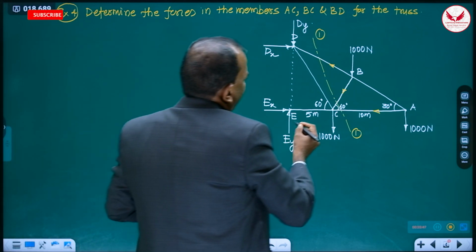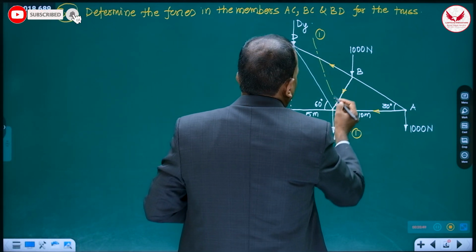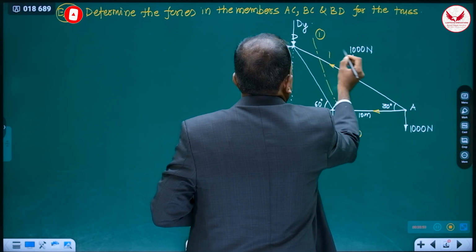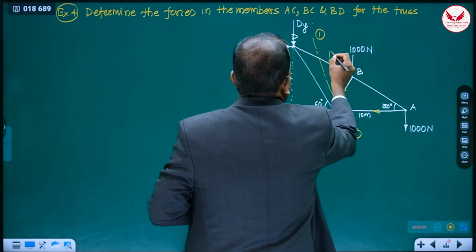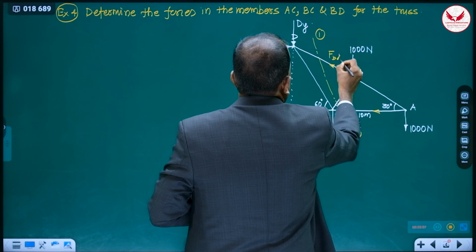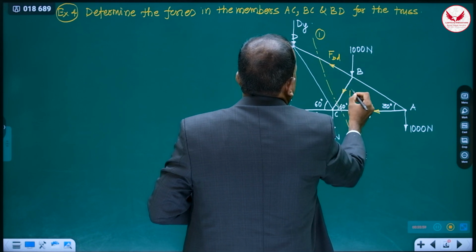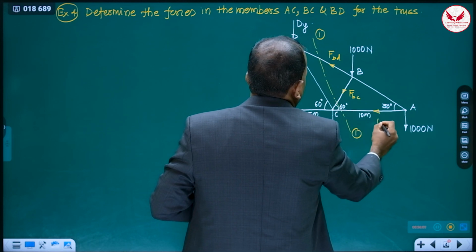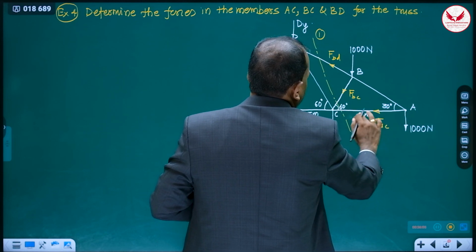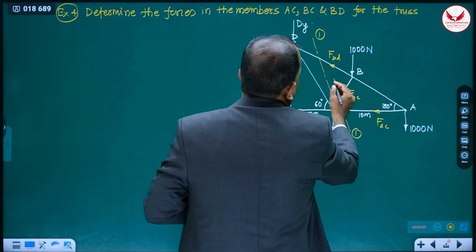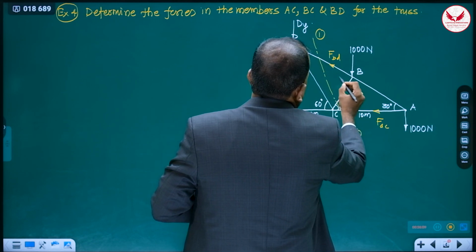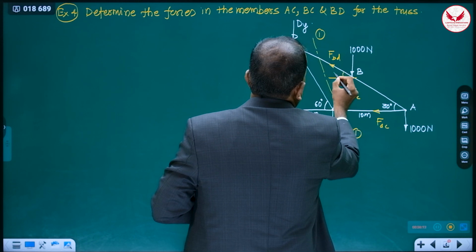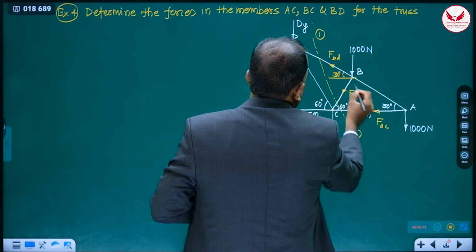So it is BD, it is BC, and this is AC. Now this is horizontal, these two are inclined. And if you see it neatly, I'll write the angles also. This angle is going to be 30, which is mentioned.